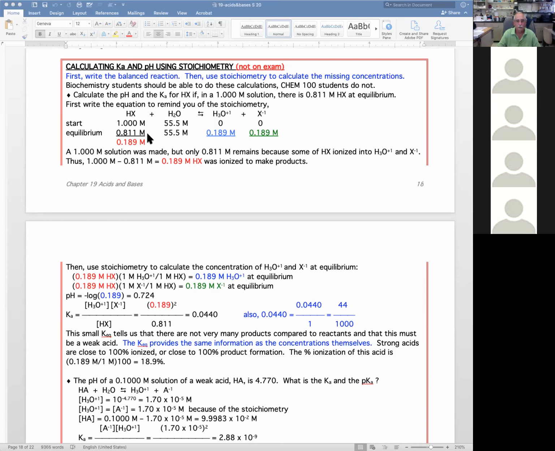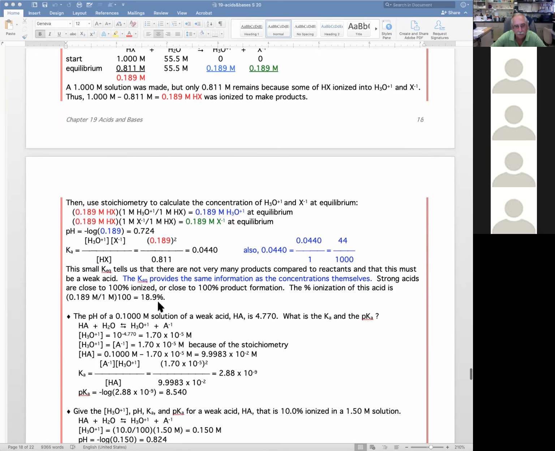No. How would we quantitate how strong it is? Well, we could calculate the percent ionization. We got 0.189 moles that are ionized out of every 1 mole per liter that we put in there. So this acid is about 18.9% ionized, 18.9% dissociated.